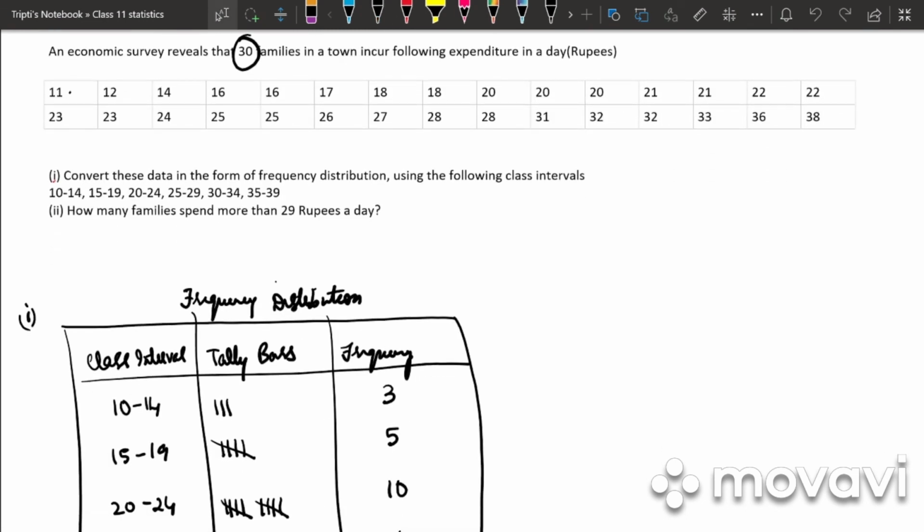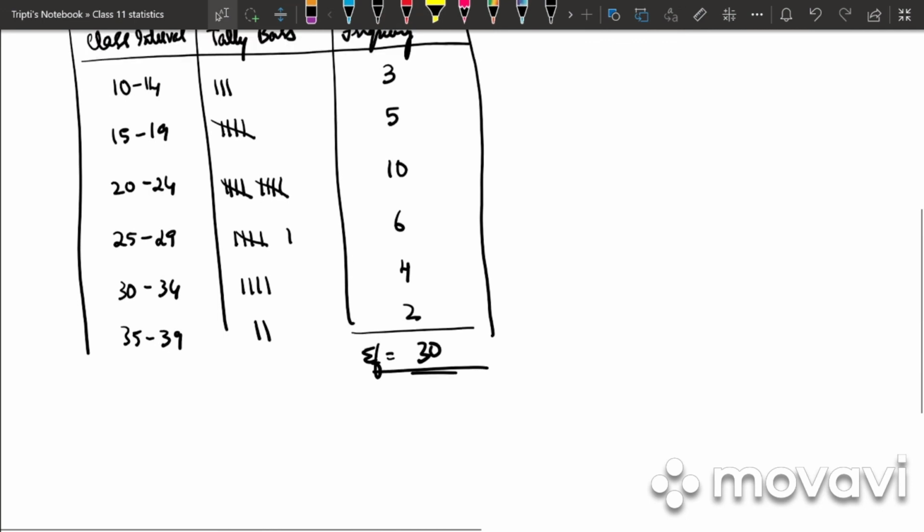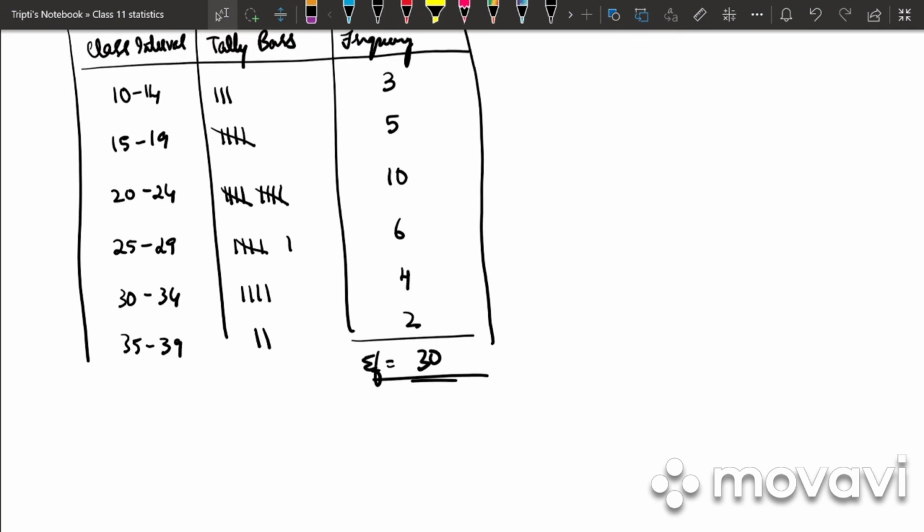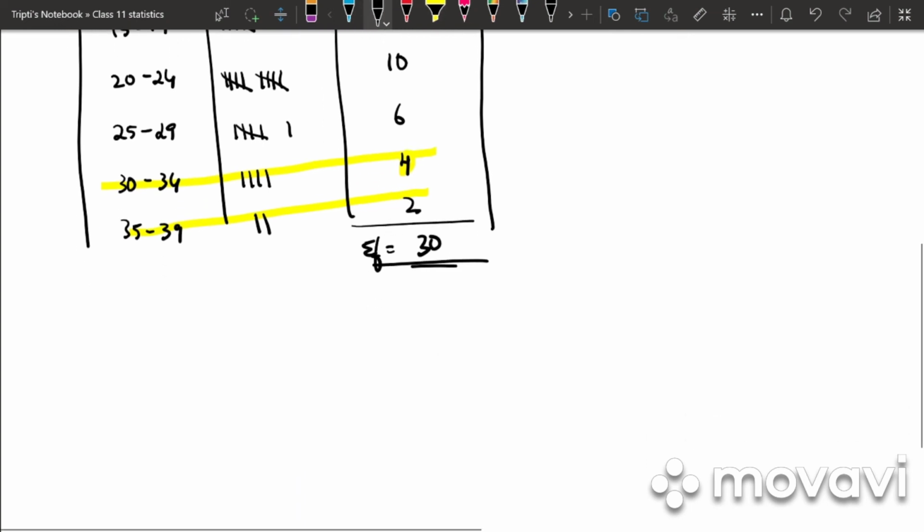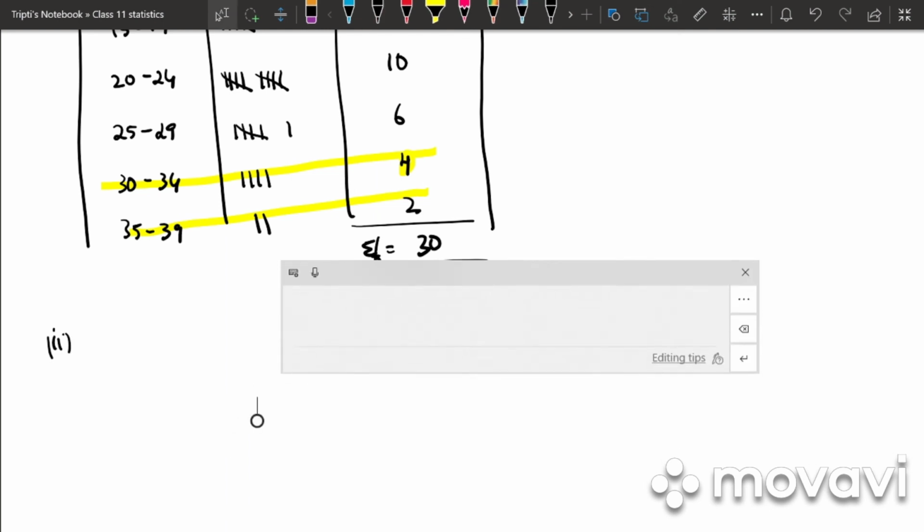Our second question is, how many families spend more than 29 rupees a day? So how many families spend more than 29? It is class interval 30 to 34 and 35 to 39. So it is how many families? 4 plus 2, 6. So write out the solution for the second one.